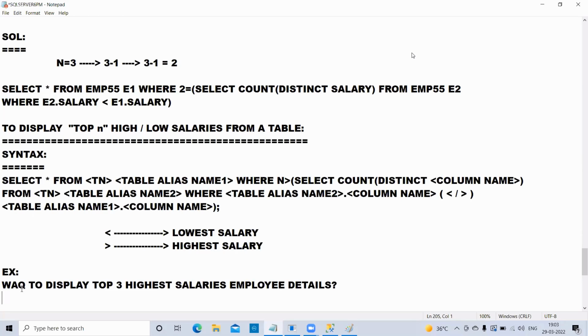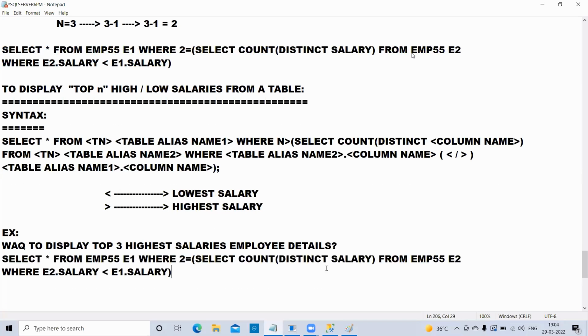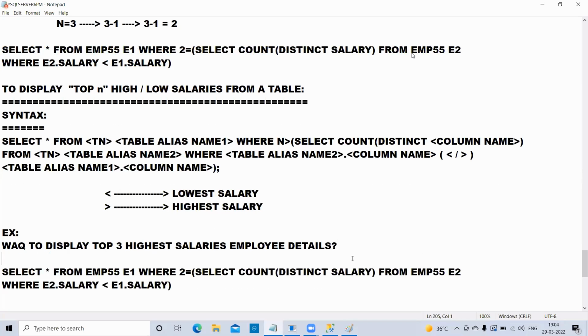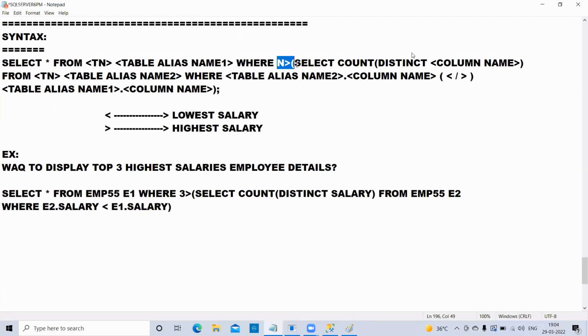I want it. So now observe, the formula is the same, I have to take the same. But here, what is the n value? The n value is 3, so 3 greater than. Because my formula is n greater than, and here n is nothing but top 3. Top 3 means the n value is 3. Just pass the n value.